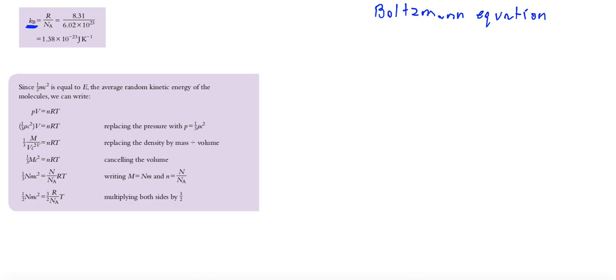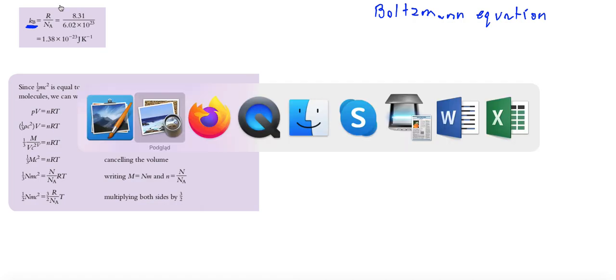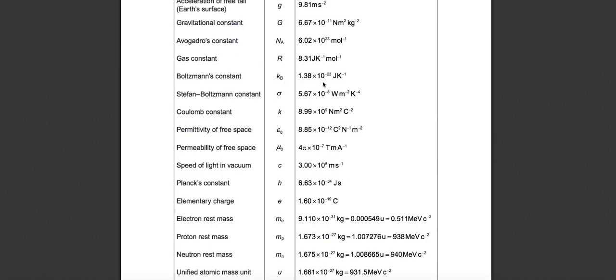Boltzmann constant is the product of two other constants, gas constant, which you know, and Avogadro constant, which you know. So when you divide gas constant, which is given in your data booklet, by Avogadro constant, then you will obtain Boltzmann constant, and Boltzmann constant is also given in your data booklet.